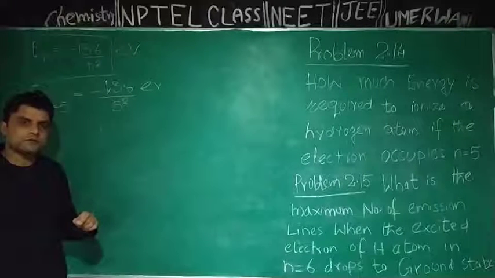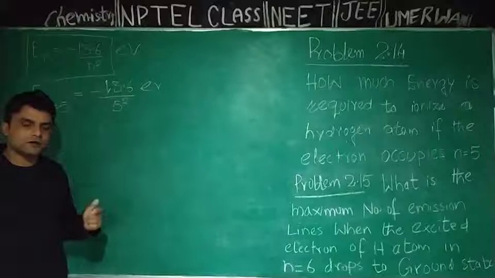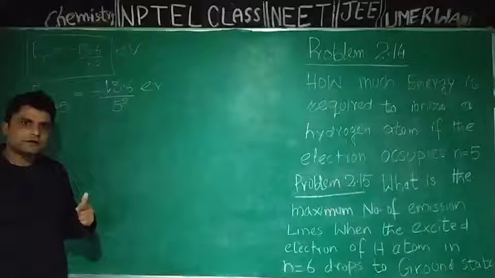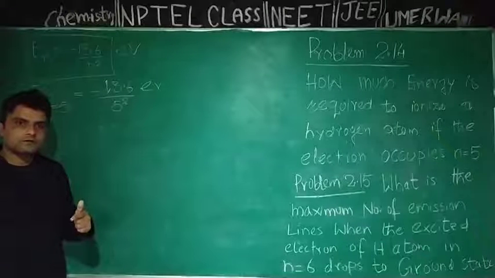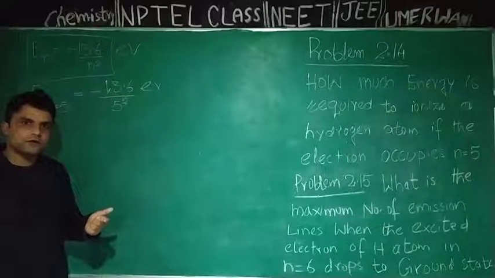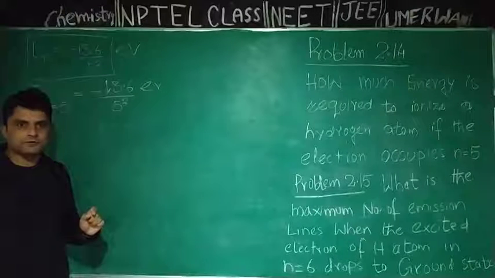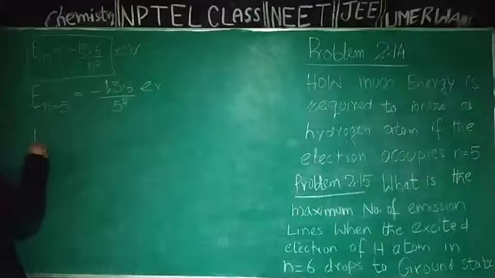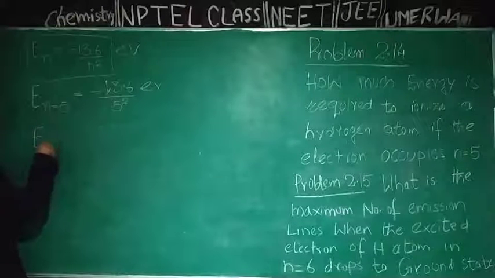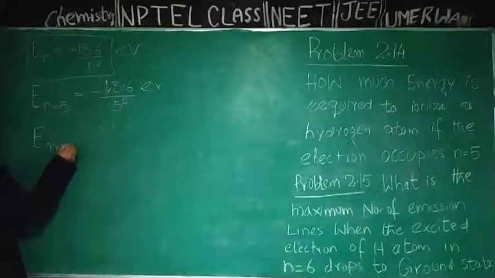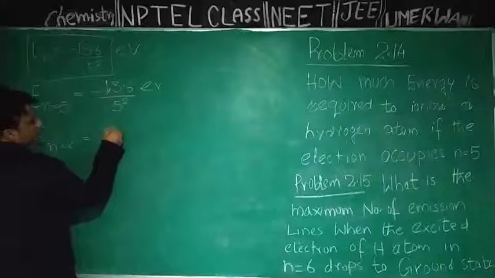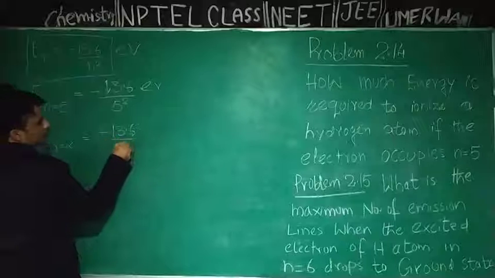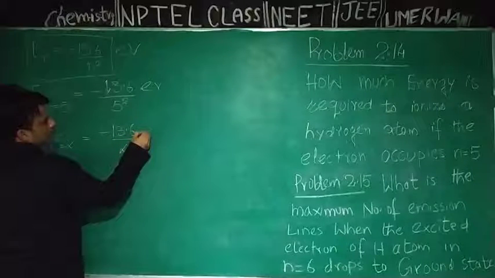During ionization we take this approximation, that we are taking the electron to some infinite place at which it is not under the influence of the nucleus, and at infinity, if n is equal to infinity, its energy will be minus 13.6 divided by infinity square electron volt.